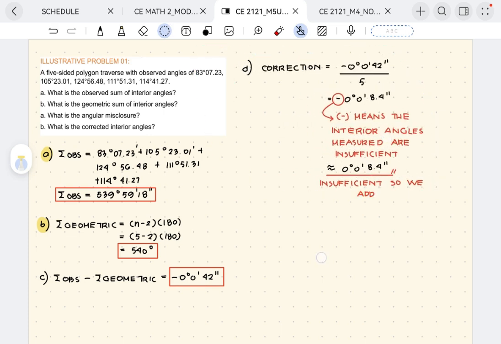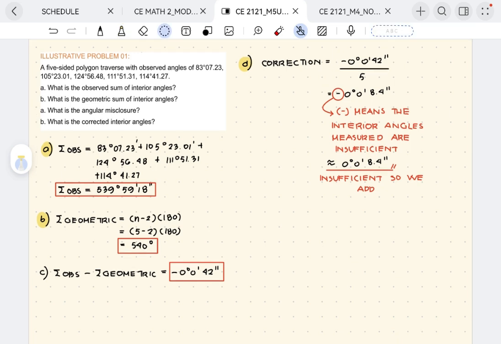Here, I've already copied. For correction, negative 0 degrees, 0 minutes, and 42 seconds divided by 5, we got negative 0 degrees, 0 minutes, and 8.4 seconds. It's indicated here that negative means the interior angles measured are insufficient, meaning to say it is insufficient, we have to add the correction.